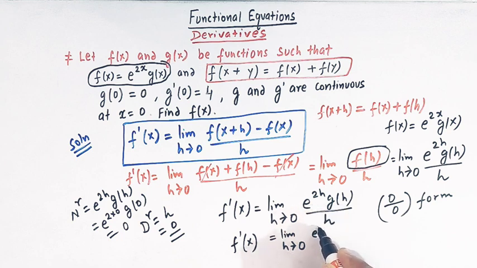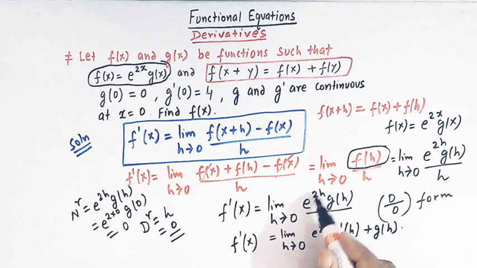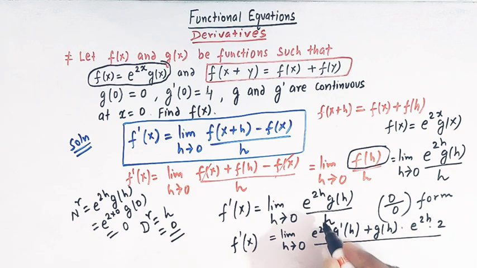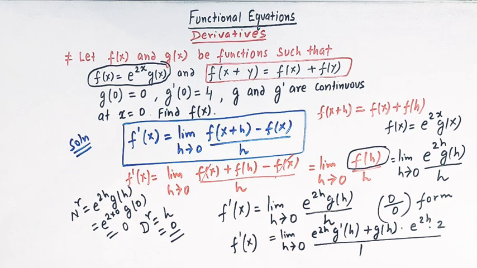So here we have e raised to 2h, then we have g prime of h, then we have g of h, and then we have the derivative of e raised to 2h as e raised to 2h, then the derivative of 2h is 2, and in the denominator we have the derivative of h as 1.